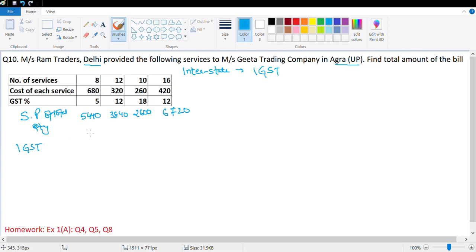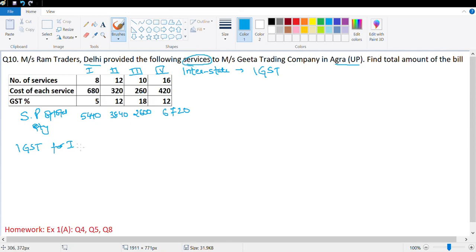IGST for product 1 is 5% of 5,440. Not a product, service, right?